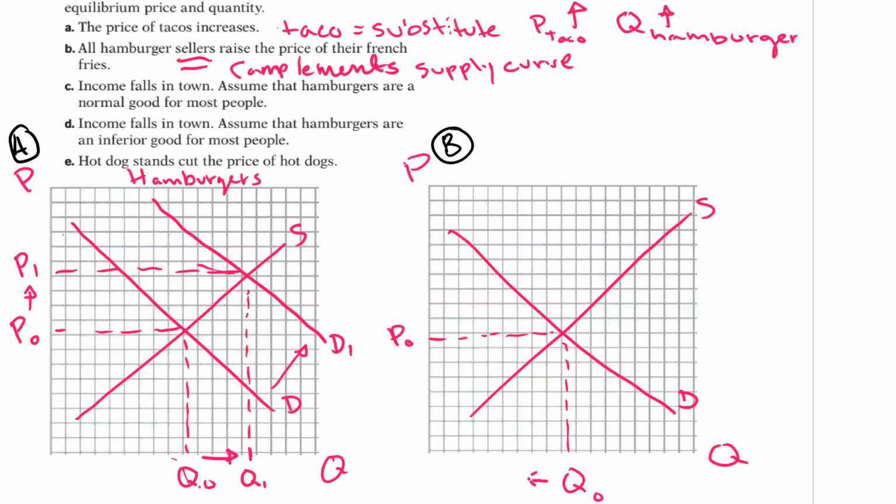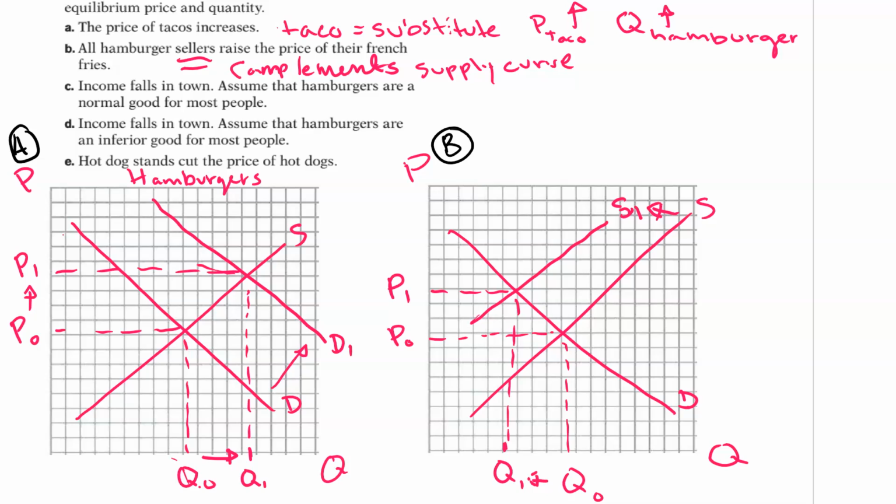So we're going to say, well, if our quantity goes down, then our supply curve has to shift to the left. So we've got this new quantity, this new price.